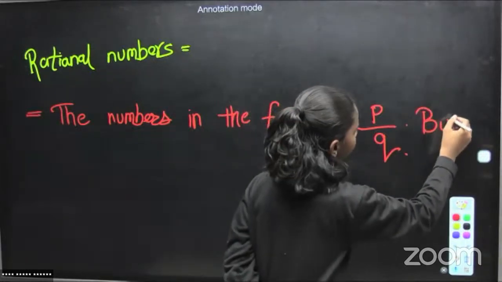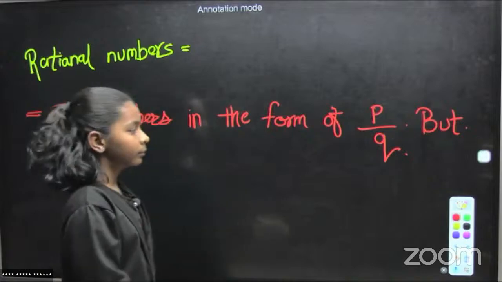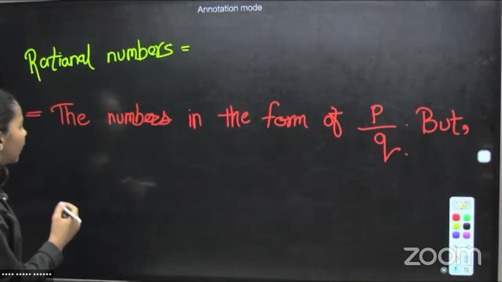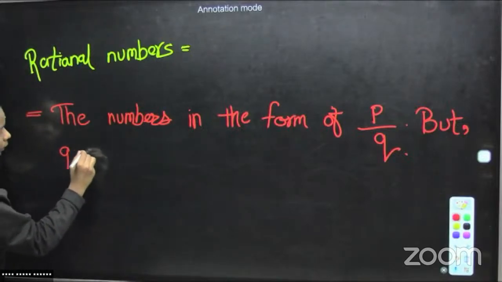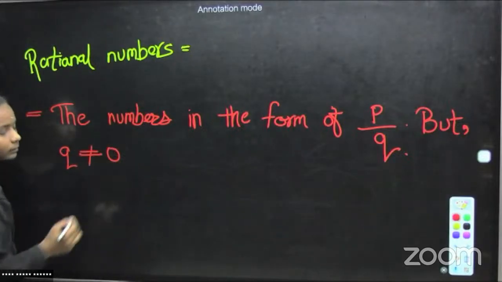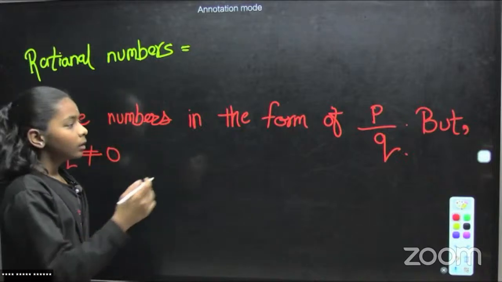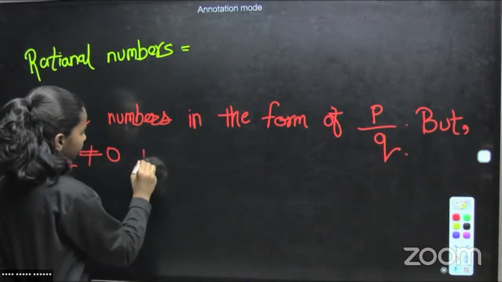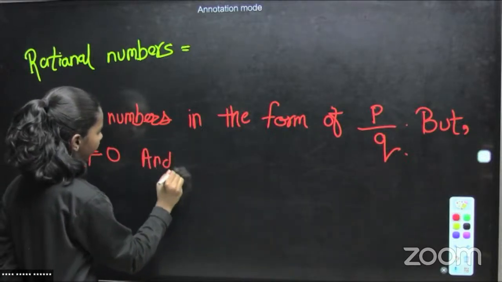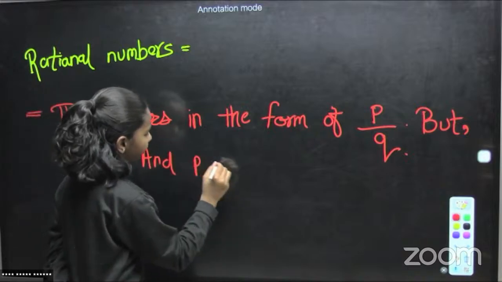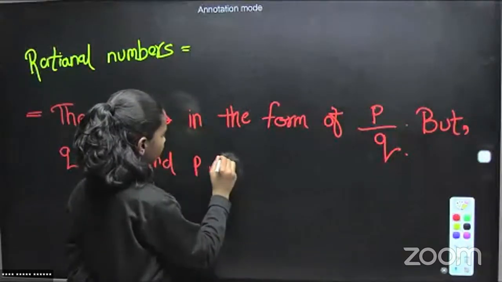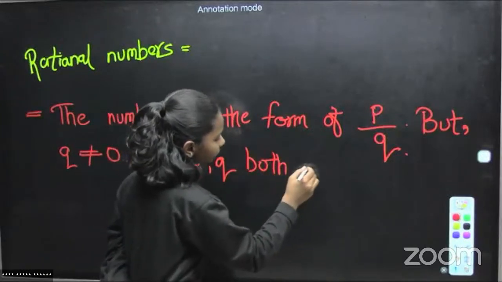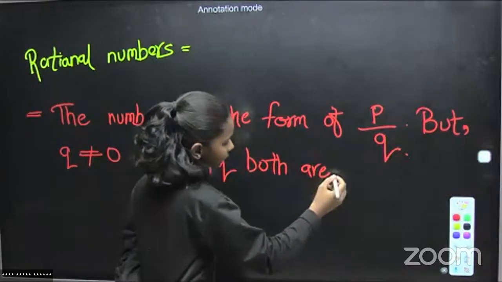but there is a condition. Q can't be 0, and P and Q both are co-prime numbers.